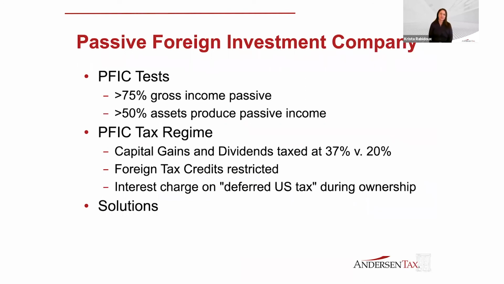Passive foreign investment corporation is a tested item within the Internal Revenue Code. A corporation is considered a passive foreign investment corporation if greater than 75% of its gross income is passive, or greater than 50% of its assets are passive income producing assets. This could be cash. As Warren alluded to before, you have these service corporations that you may not control, so this is for corporations not controlled by US people.